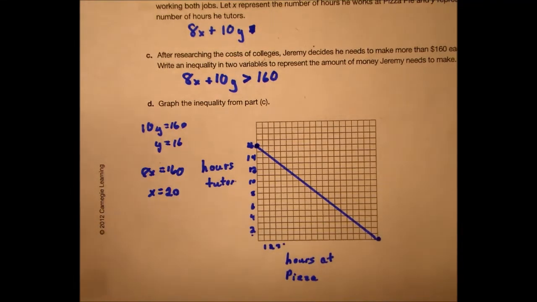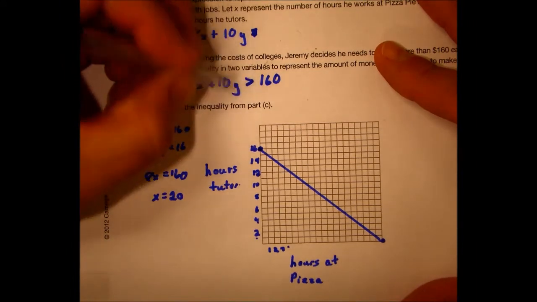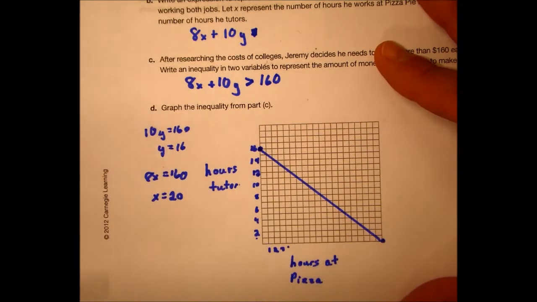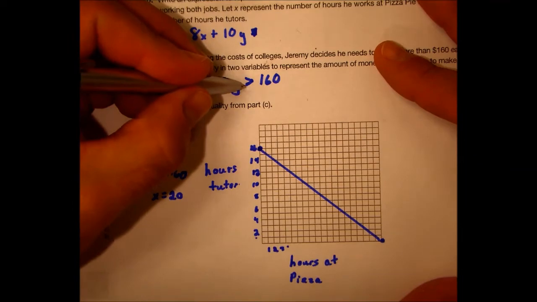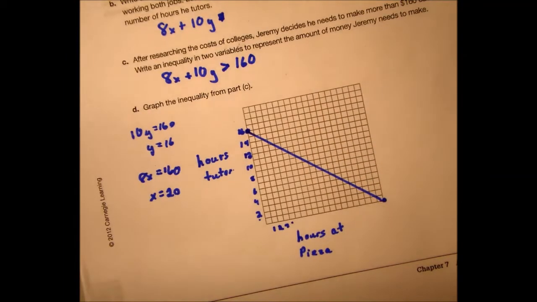No. So I drew the line originally in blue so that you could understand that you're supposed to draw which type of line. Okay, so now I'm doing this part. Graphing the points was easy. This tells me it is a dotted line. Why is it a dotted line? Because it does not say what? Equal to, right. Because it doesn't say equal to, I just use a dotted line.